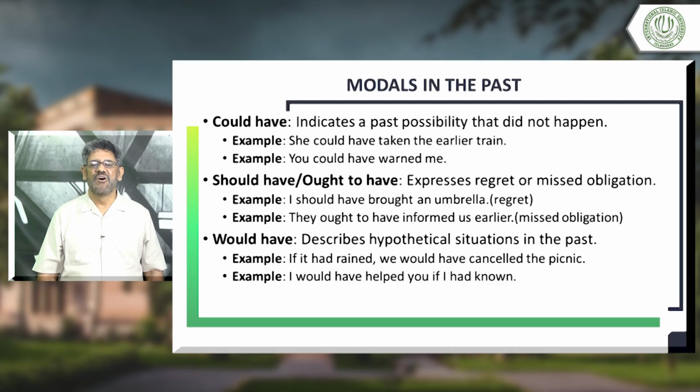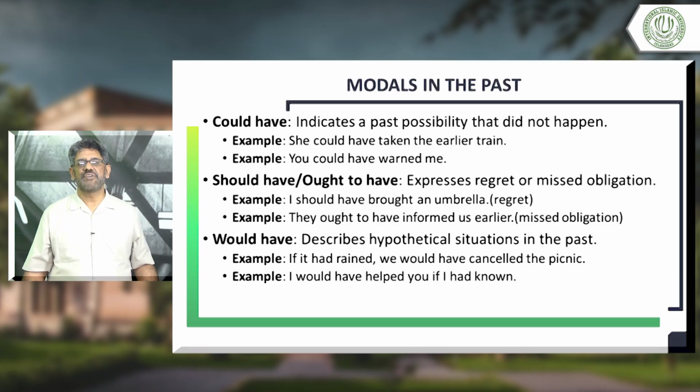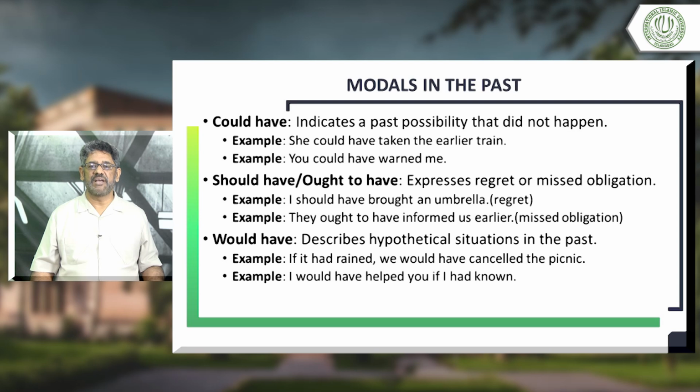Now, should have, ought to have. Expresses regret or missed obligation. Example, I should have brought an umbrella. You see, I should have brought an umbrella. He or she did not bring an umbrella and it started raining.